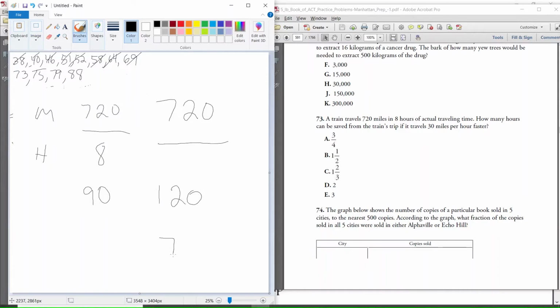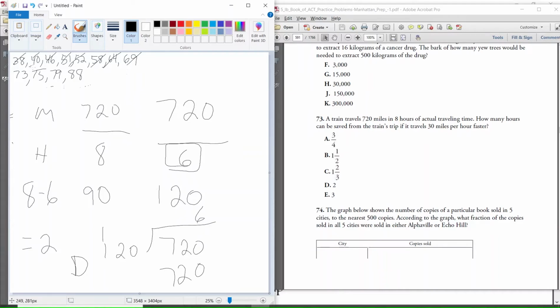I'm going to do long division. You again can do it on your calculator. Let's see, it's not going to be 7, so let's try 6. 6 times 2 is 12. 720. So if it's going 120 miles an hour, it makes it 720 miles in only 6 hours. 8 minus 6 equals 2, because it said how much time was saved, and that is D as in David, 2 hours.